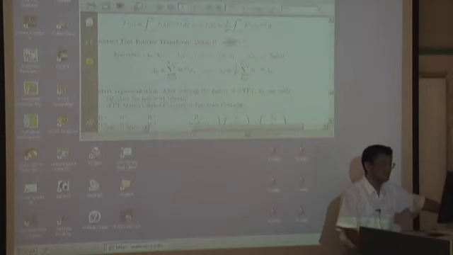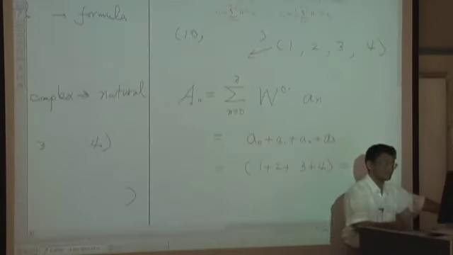W is negative 2 pi I divided by the number of points, right? 2 pi I divided by number of points. In this case, 4.